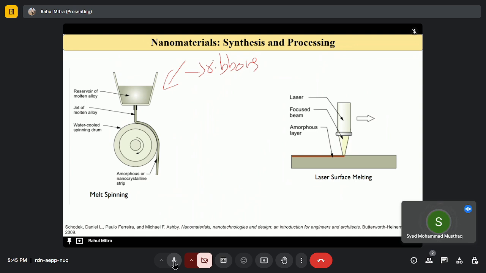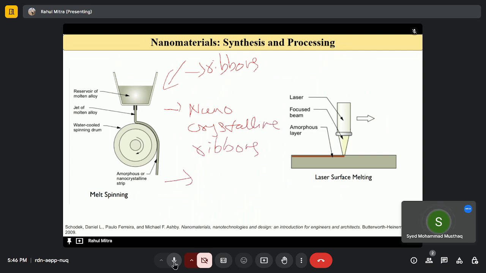And if we control the cooling, or how fast the jet is expanding and how fast it is falling, and the temperature of the drum, we can even form amorphous ribbons. So there are two types of materials that are formed here. One, we have nanocrystalline ribbons, right?